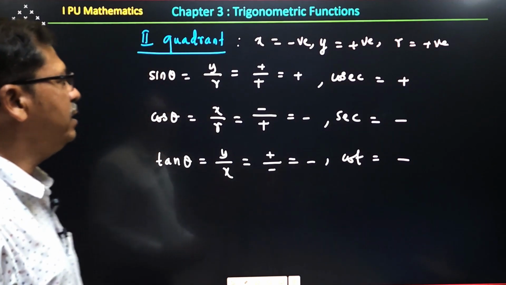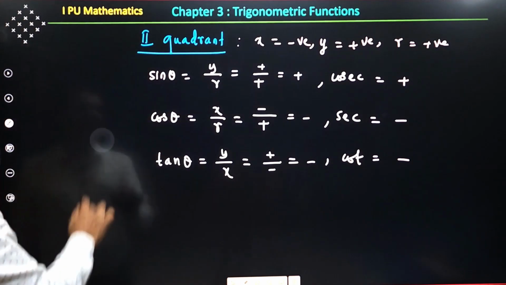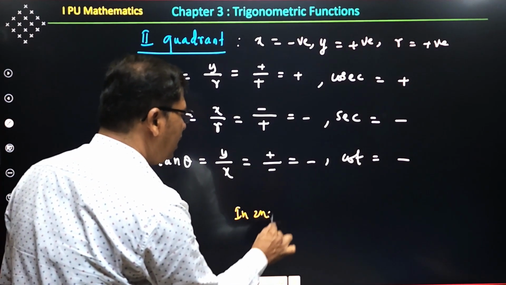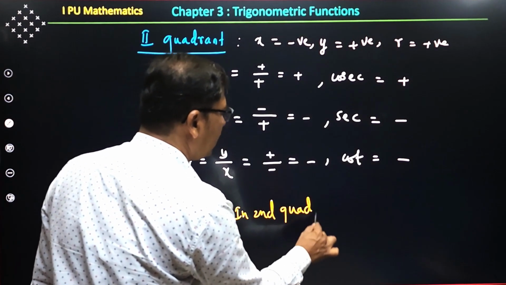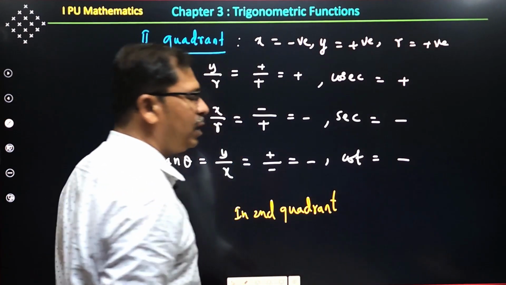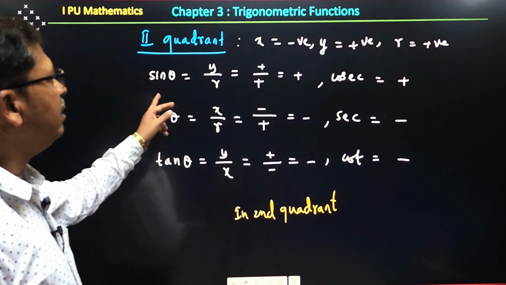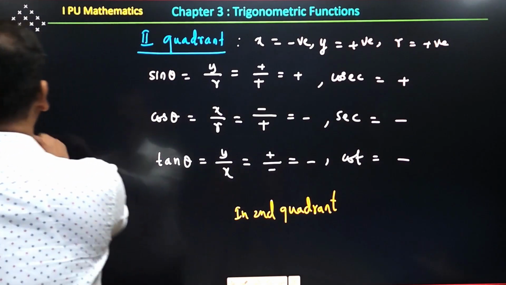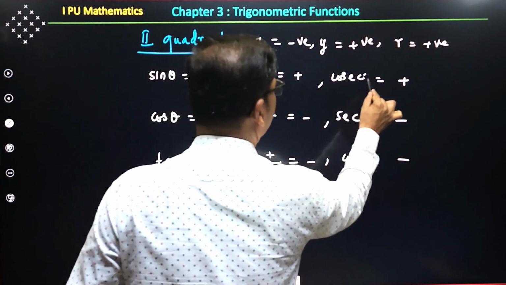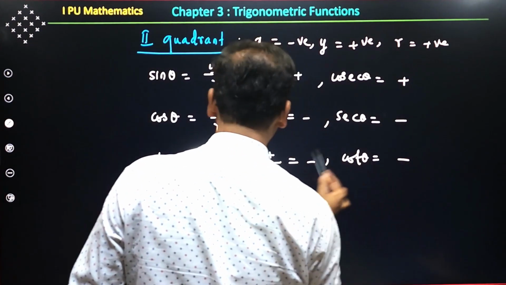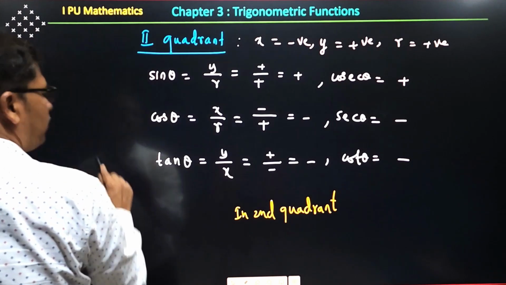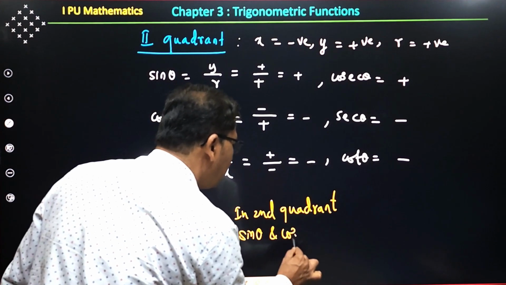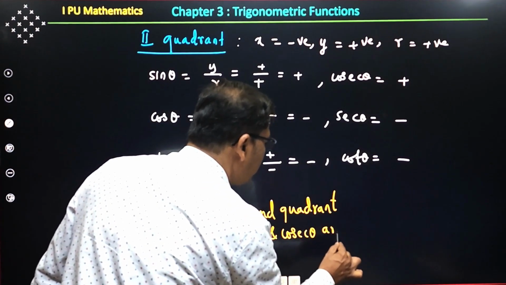So my conclusion is, in the second quadrant, sin theta and cosec theta are positive.